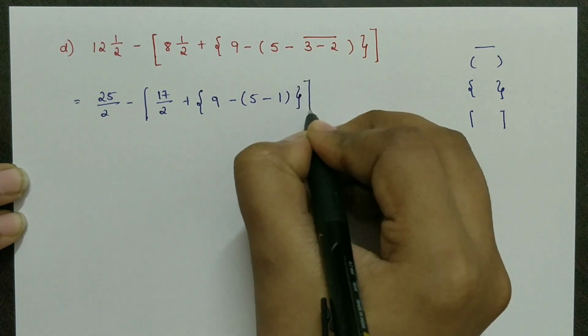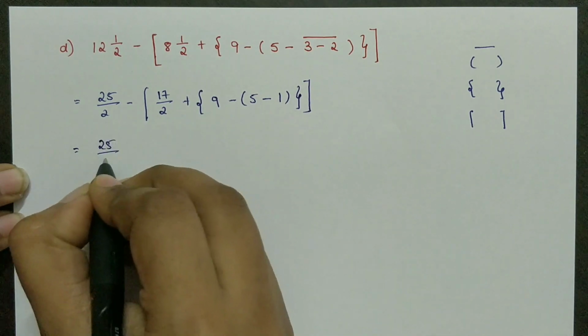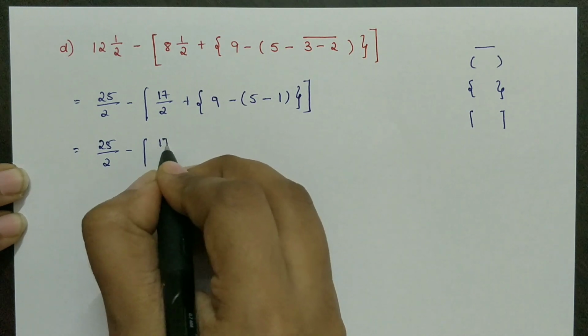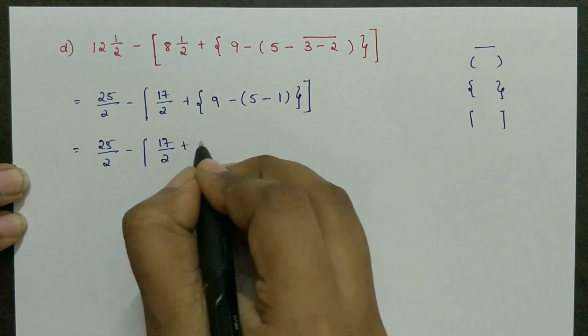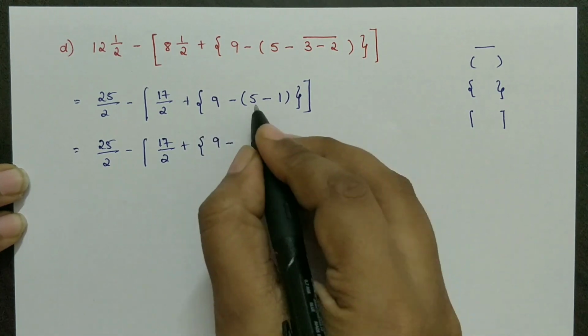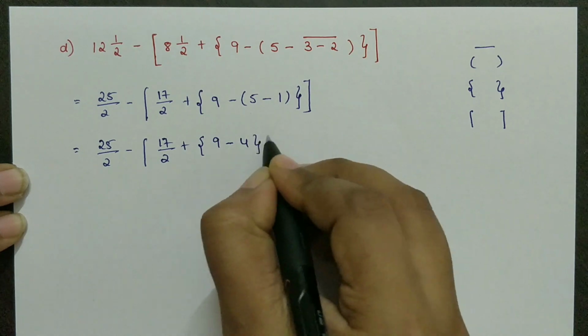Close the brackets. Equal to 25 by 2 minus square bracket open 17 by 2 plus curly bracket open 9 minus 5 minus 1 is 4. Close the brackets.